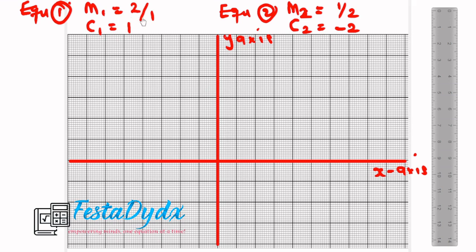Then this m1, which is the slope, we're going to have a rise and run. I will explain that to you. Now that we've drawn the line, let's number our graph. Remember, this is the origin, 0.